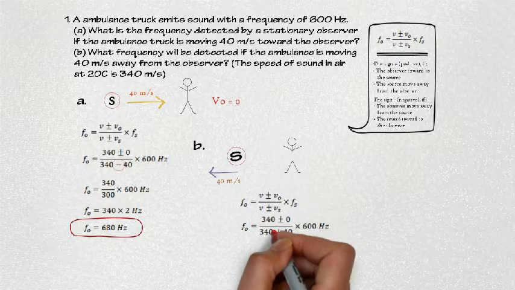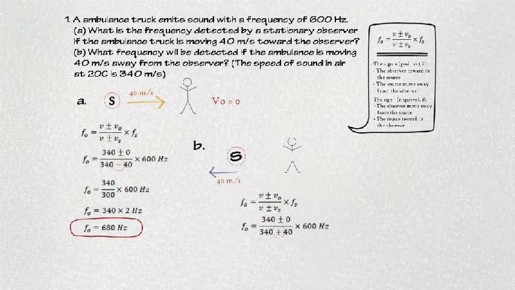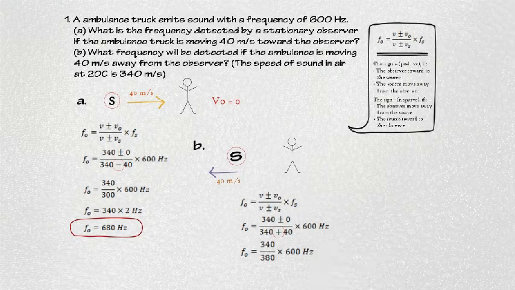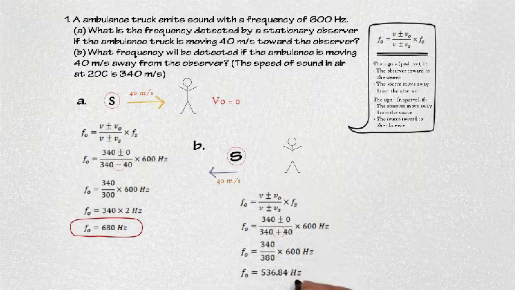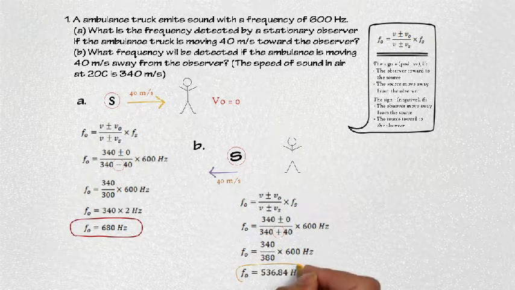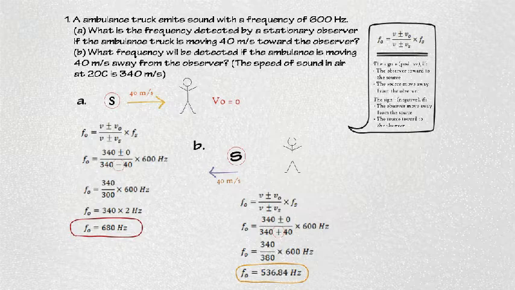The velocity of the source has a positive value. Why? Because the source is moving away from the observer. So the velocity has a positive value and the frequency of the observer is 5308.84 Hz.